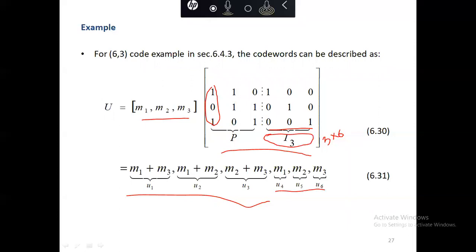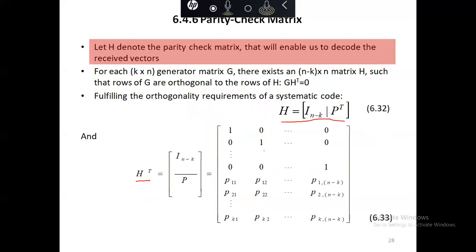You can directly write H transpose, where this row is converted to a column, and similarly you replace the columns with the rows. The advantage of this is that when the generator matrix is multiplied with the transpose of the parity check matrix, the result will be 0.